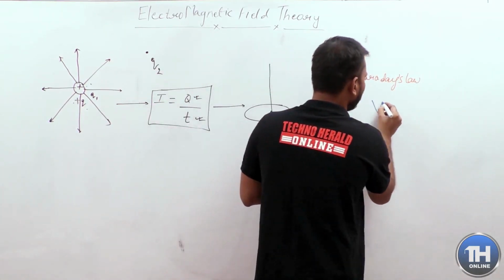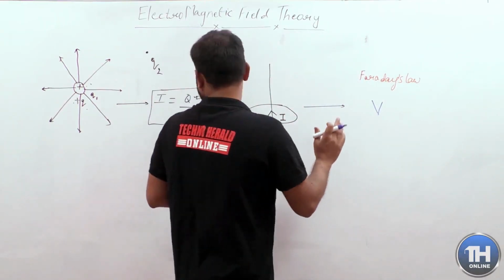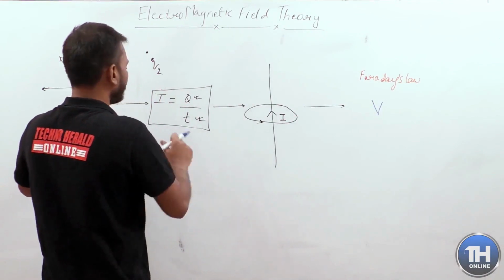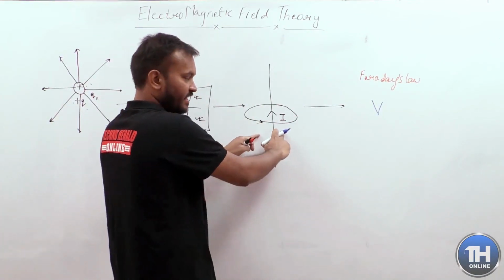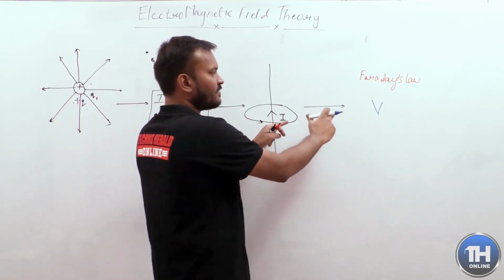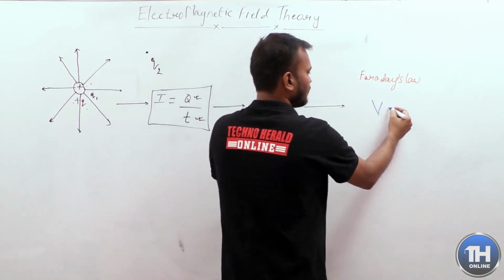We will get a potential V. Now, we started from the charge. Charge in motion was the current. Current flowing through a conductor produces a magnetic field. And by Faraday's law, we know that whenever there is a relative motion, we get the voltage or the potential.